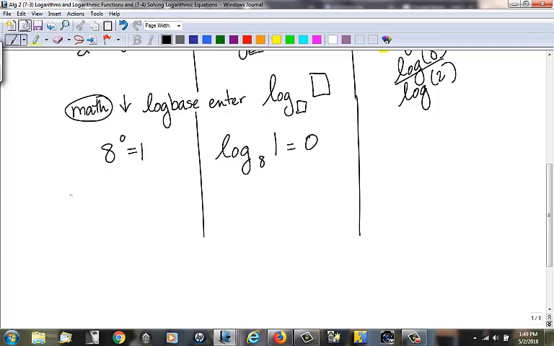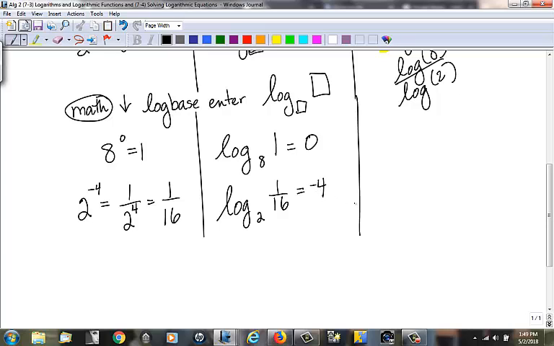If I give you 2 to the negative 4 power, what's that negative exponent do to that number? Moves it down and makes it a positive exponent. So that'd be 1/16. If we go to logarithmic, we'd have the log of 1/16 base 2 equals negative 4.